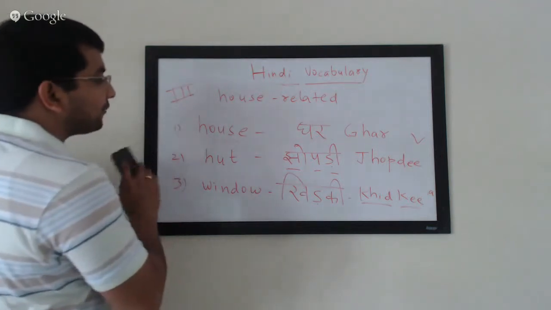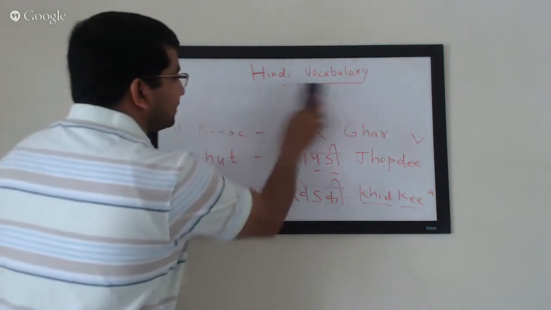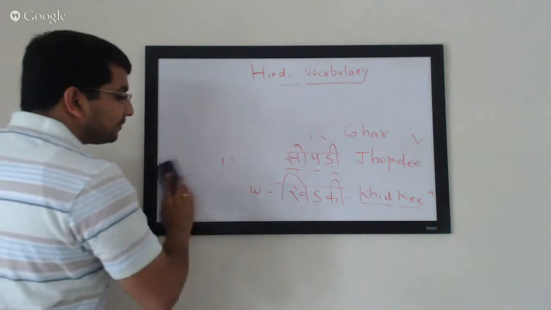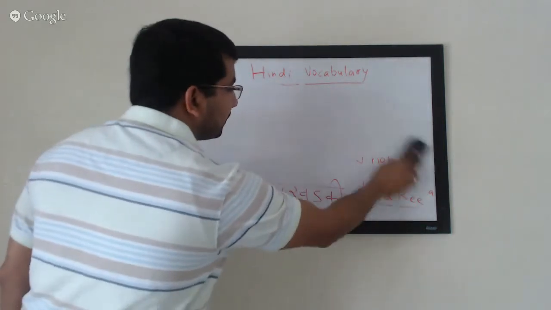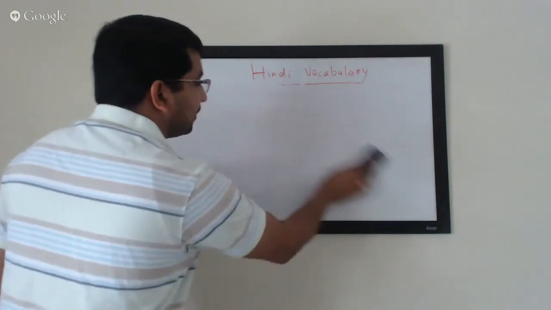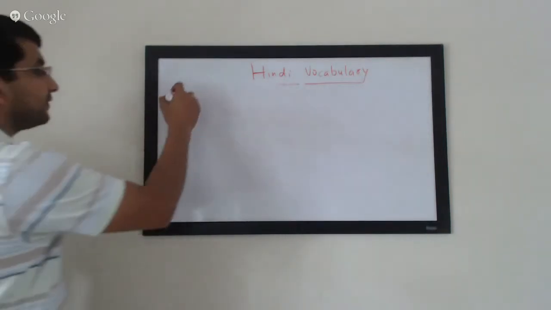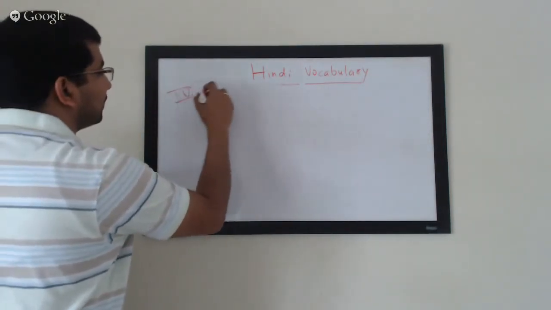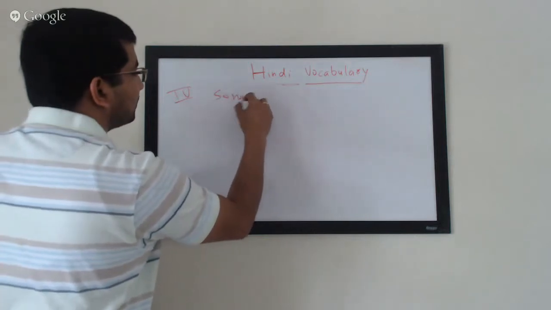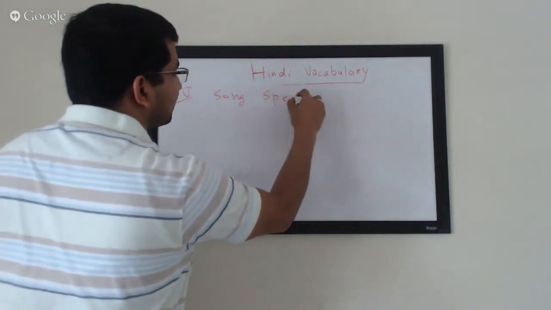Okay, so now after these three categories of vocabularies, we will learn some song-specific grammar, which I think is very useful as well. So that brings us to the fourth section of this class, which is song-specific grammar.